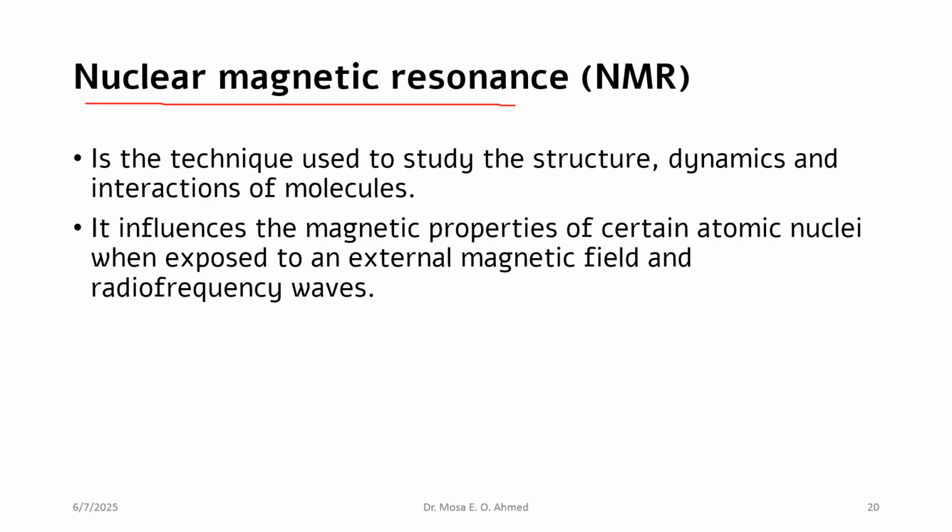NMR exploits magnetic properties of certain atomic nuclei when exposed to external magnetic fields and radio frequency. So NMR uses radio frequency to affect atomic nuclei of carbon and hydrogen present in the molecule in order to determine the chemical nature of this molecule.